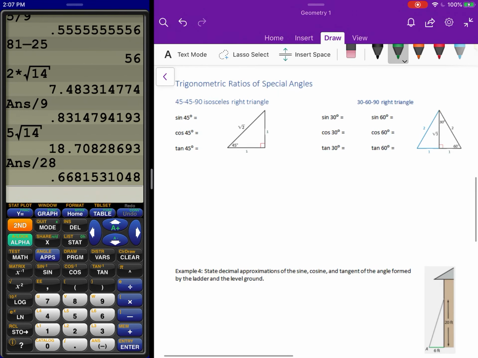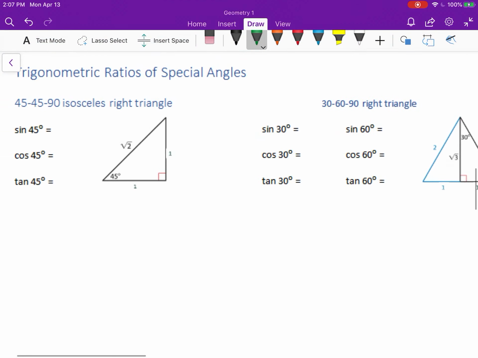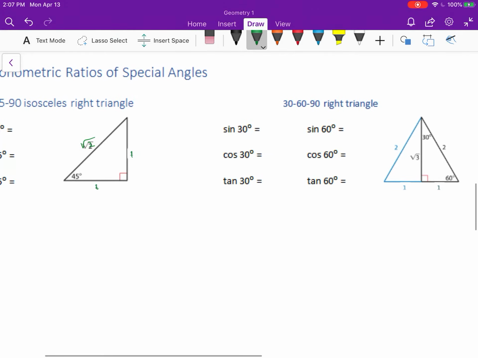To finish this lesson, well, not quite finish it, but we do want to discuss, and I'm going to go ahead and go back just to this program, trig ratios of some of our special angles that we've talked about earlier. We've talked about a 45, 45, 90, and we discussed the relationships there, where we have 1, 1, 1, and root 2 as our side lengths.